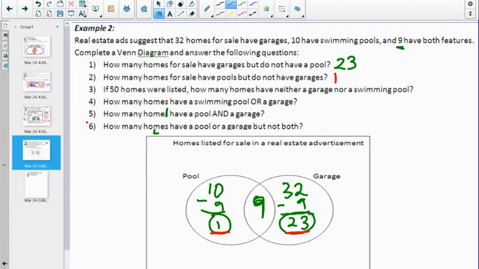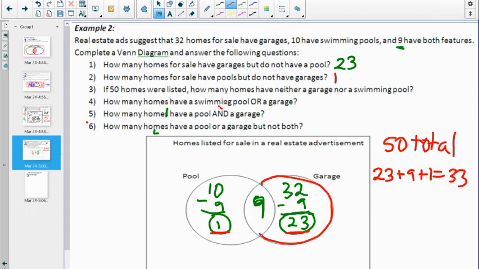If 50 homes were listed, how many homes have neither a garage nor a swimming pool? We can take that 23 plus 9 plus 1 to get 33. So there are 33 homes that have a pool or a garage.